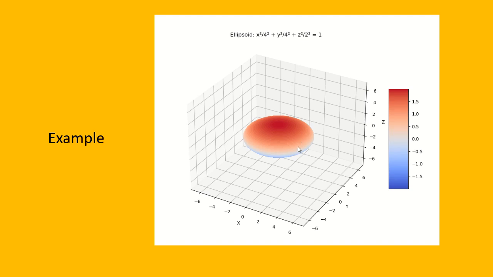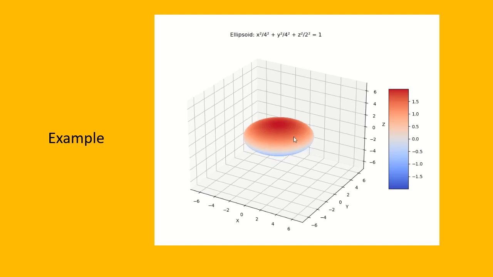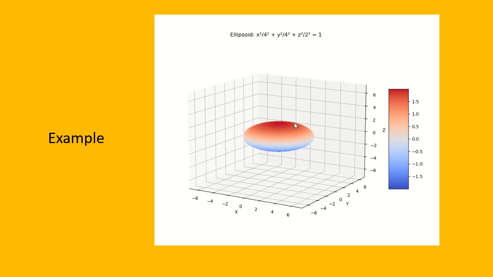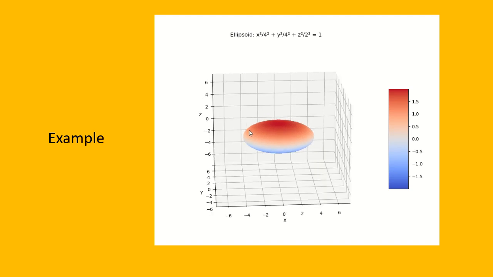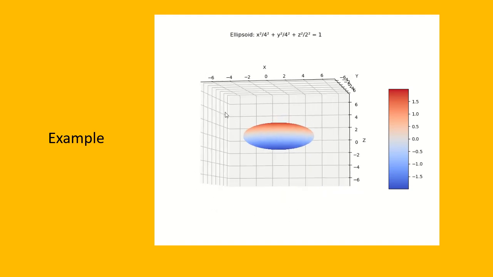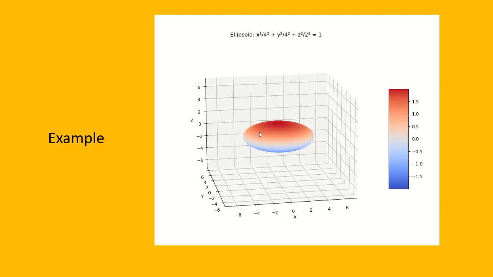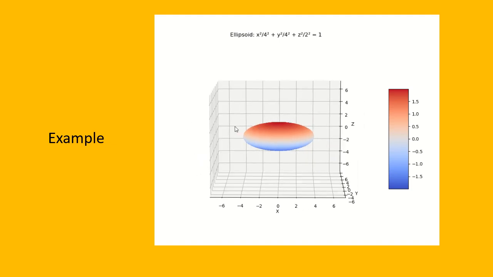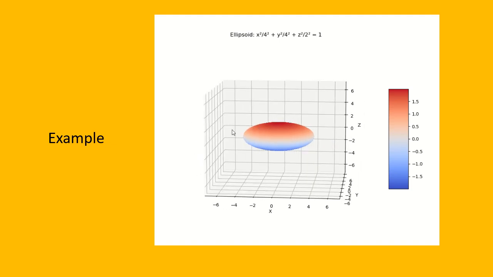In this case, we get an ellipsoid that looks like this, and we can see that it's not very thick in the z direction. But if we rotate this around, this particular ellipsoid is also a solid of revolution, and that happened because these two coefficients of x squared and y squared were equal.